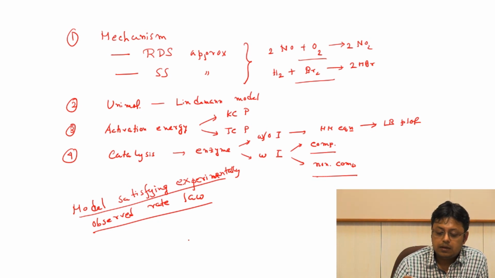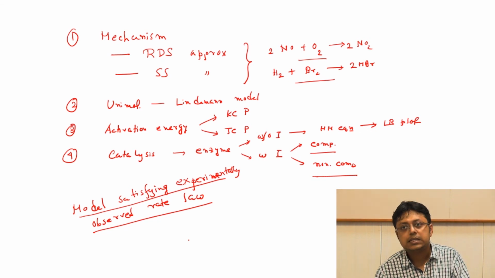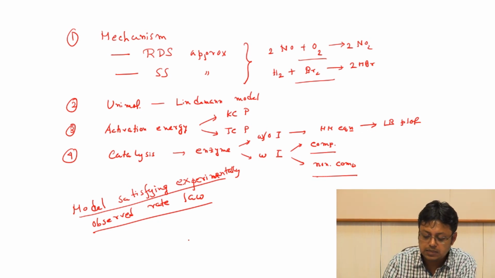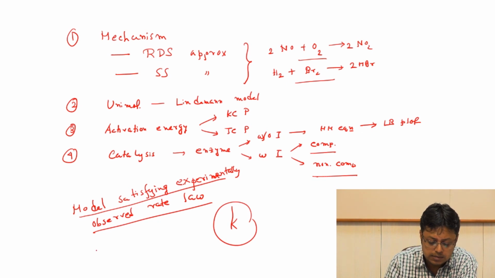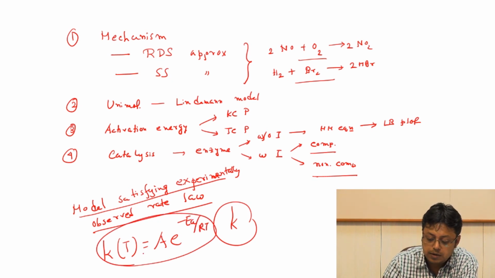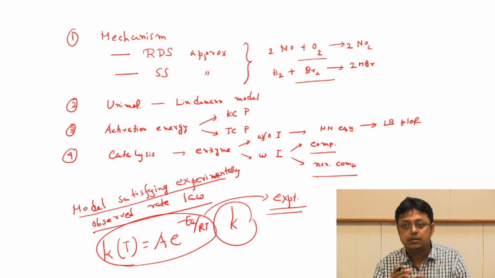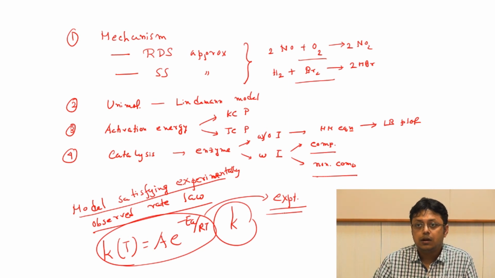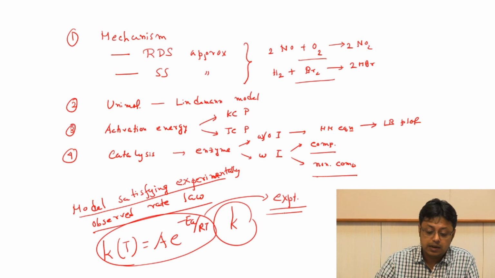And then in the next lecture we'll be discussing how one can calculate k from very fundamental principles. So far we have used k as it is. The only thing we know about k is that it has a temperature dependence, and the expression of k is something like A times e to the power minus Ea by RT. Now that expression, the Arrhenius law, is an experimentally determined, empirical relation, because Arrhenius measured rate constants at different temperatures and arrived at this equation.